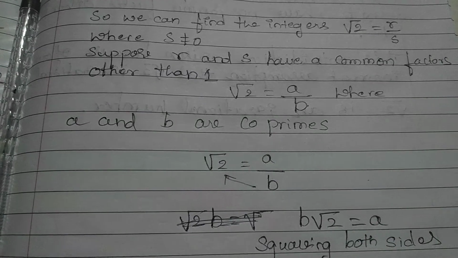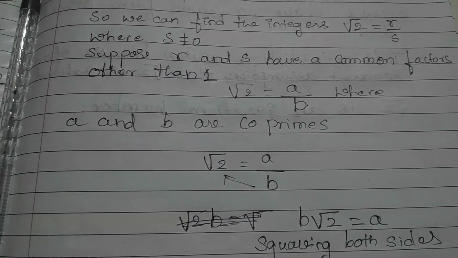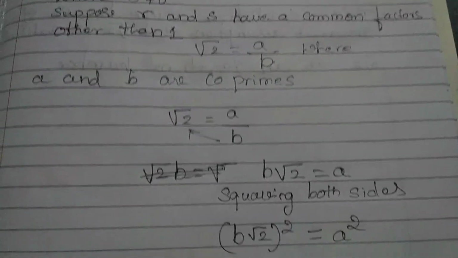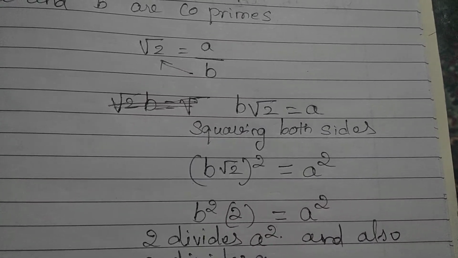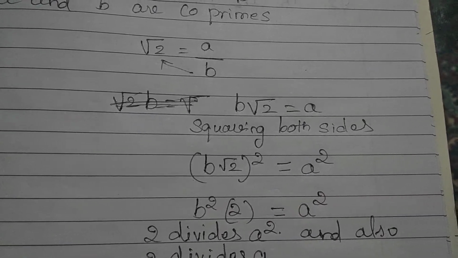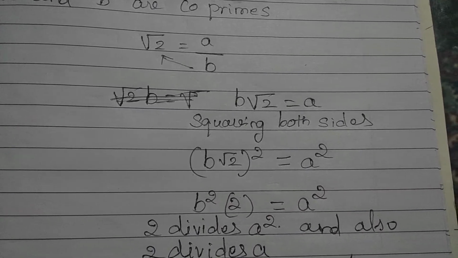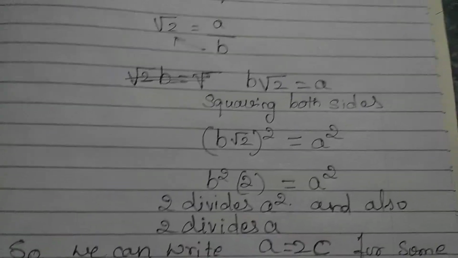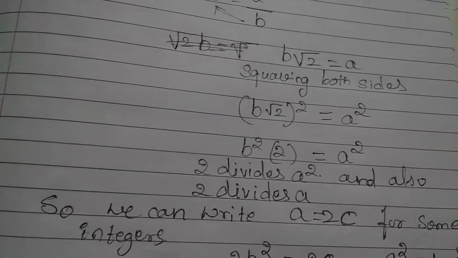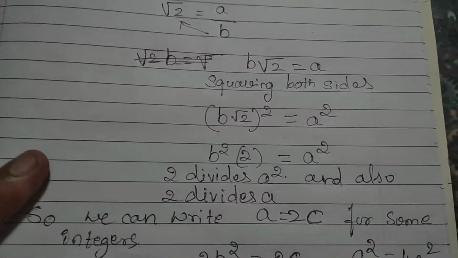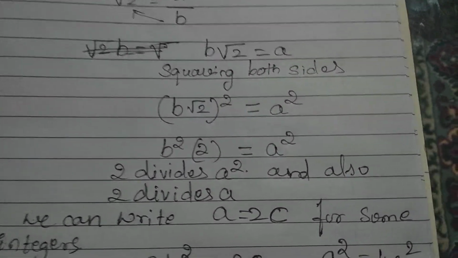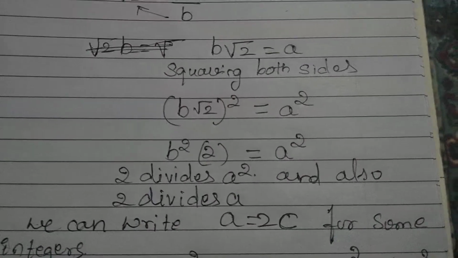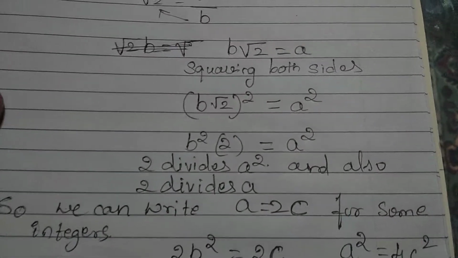Now cross multiply, b root 2 is equal to a. Squaring on both sides, you will get b square into 2 is equal to a square. See, 2 divides a square and also divides a. So why don't we take a is equal to 2c, where c is also an integer?